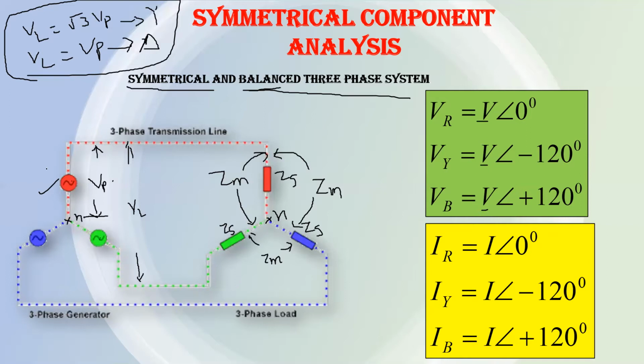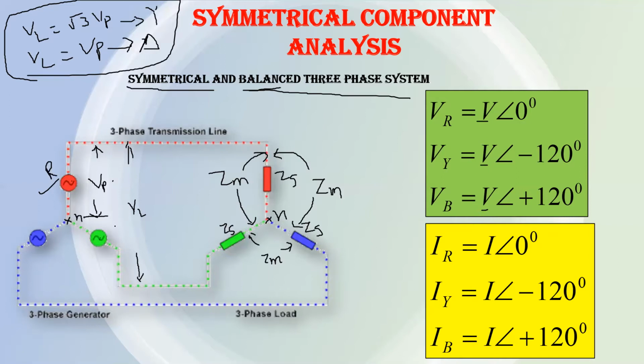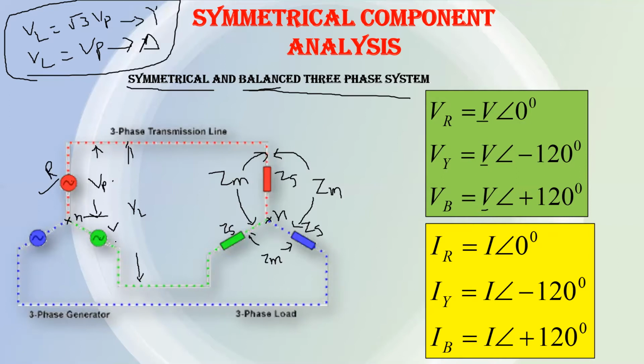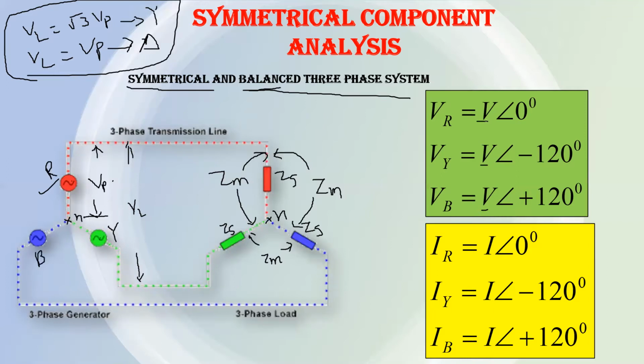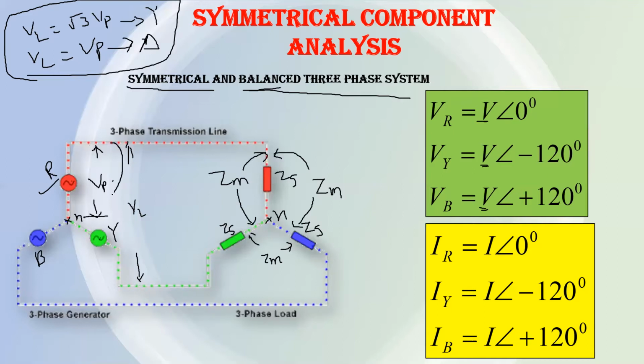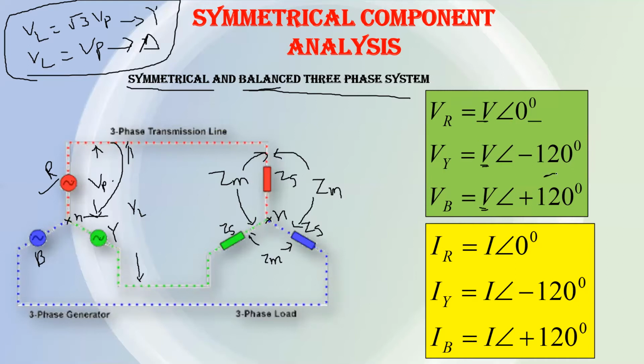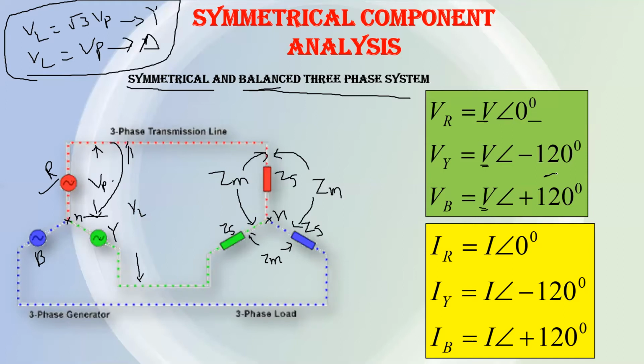The phase voltage of phase R, of phase Y, and of phase B will be of the same magnitude. And not only magnitude, there is a second condition also: the phase difference between any two phases will be 120 degrees. Then only you can say that the supply is a balanced supply.